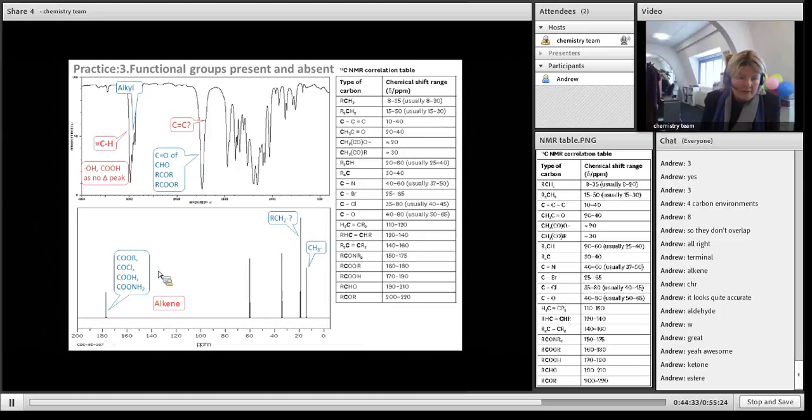Of those four, we can cross out the carboxylic acid because there's no triangular peak. We can also cross out the amide and the acyl chloride because of where this peak is. Remember, the amide comes below 1700 and the acyl chloride goes closer to 1800.